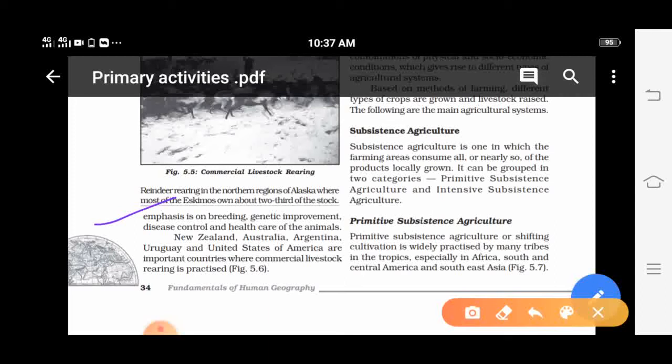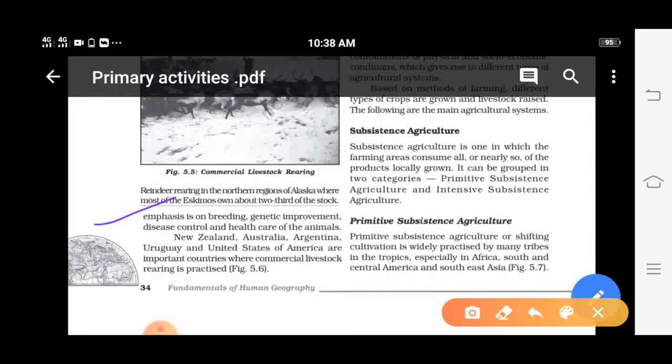Means when you're keeping an animal, you have to take care of the animal. उनके ब्रीडिंग का ख्याल रखा जाता है, उनके जेनेटिक इम्प्रूवमेंट का ख्याल रखा जाता है. When they fall sick there is a health care facility, disease control, ताकि उनमें बीमारी ना फैले, टाइम टू टाइम चेकअप करना ज़रूरी होता है. If they are healthy they will produce good, and thereby that is good for the commercial market. Okay, so this is all about commercial livestock rearing.